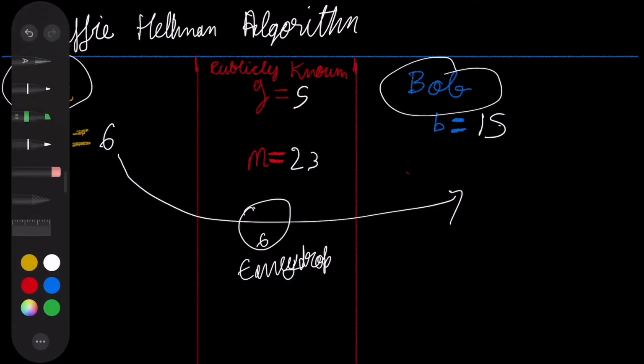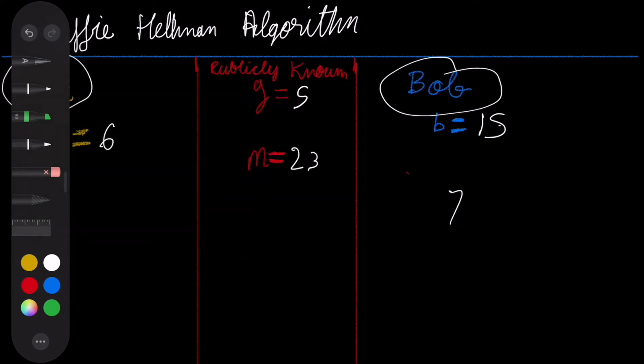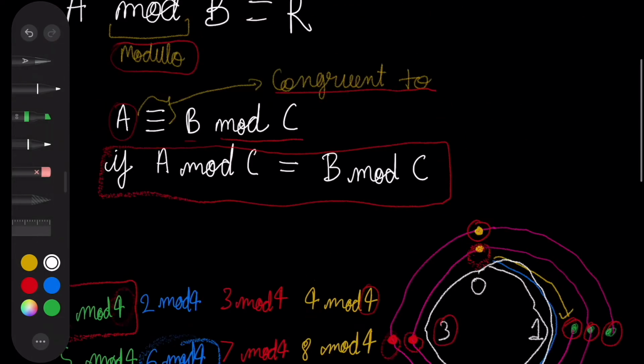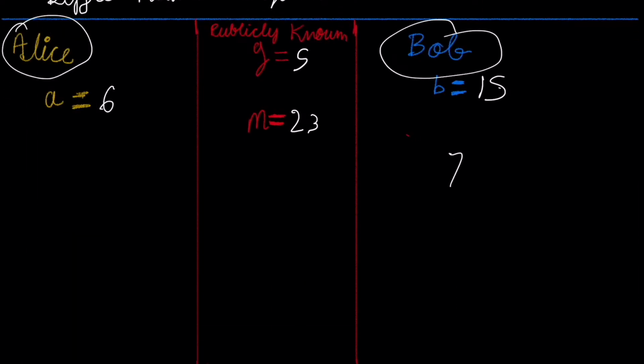So how do we do an end-to-end encrypted communication? First of all, there are some numbers that everybody publicly agrees on. Those are G and N. The number G can be small, but N has to be relatively big.